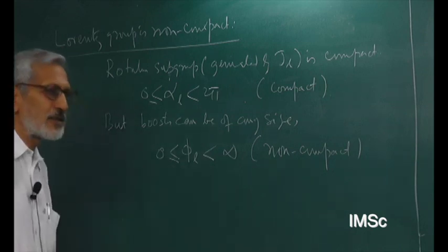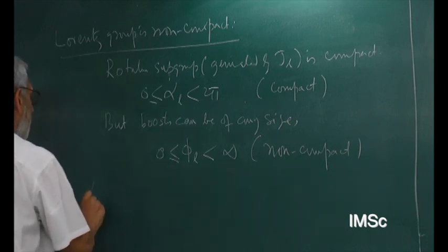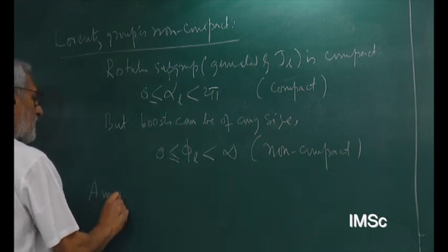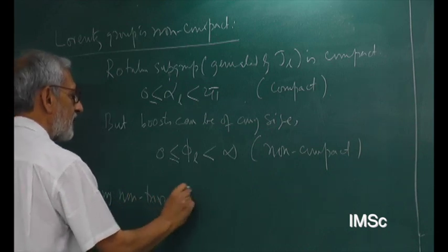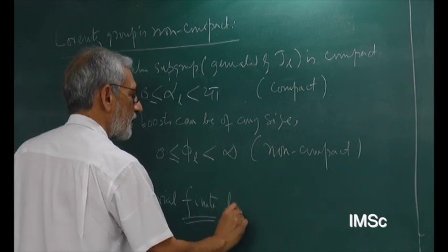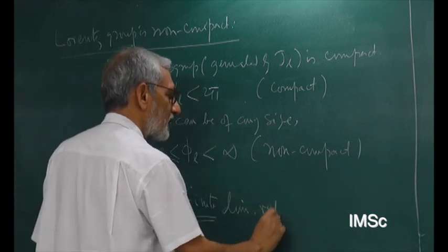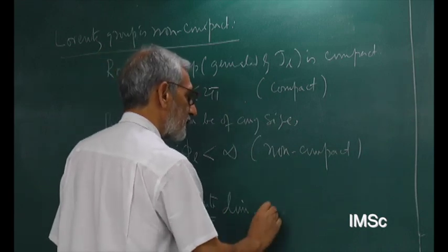Now there is a general result that non-compact groups do not have any non-trivial finite dimensional unitary representations.